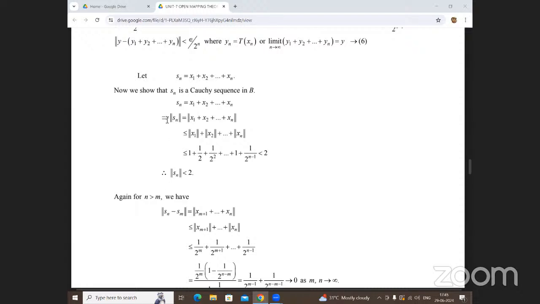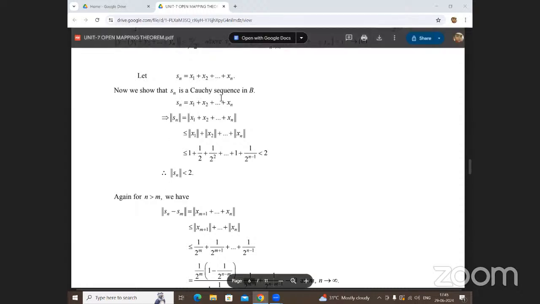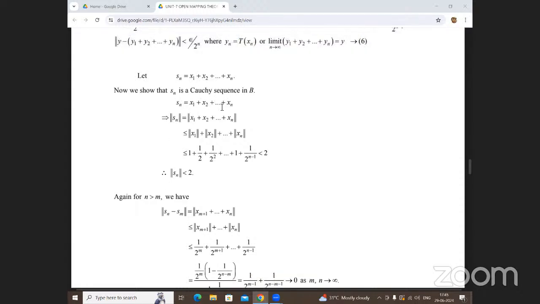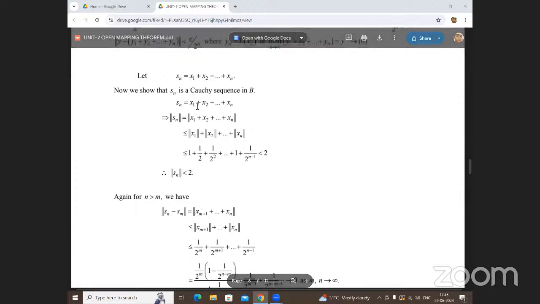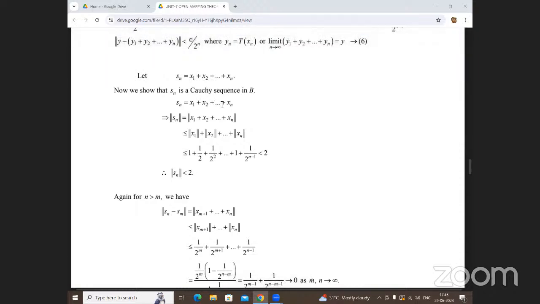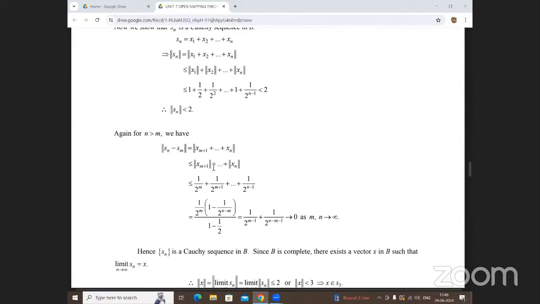So Sn is x1 plus x2 plus so on plus xn, minus Sm, which is x1 plus x2 plus so on plus xm. All the values up to m are cancelled, remaining xm plus 1, xm plus 2, so on up to xn.